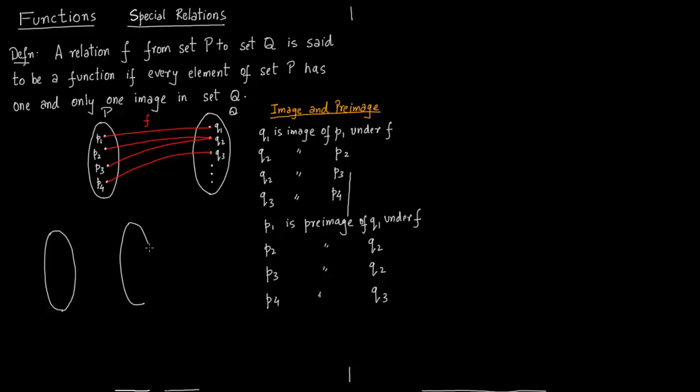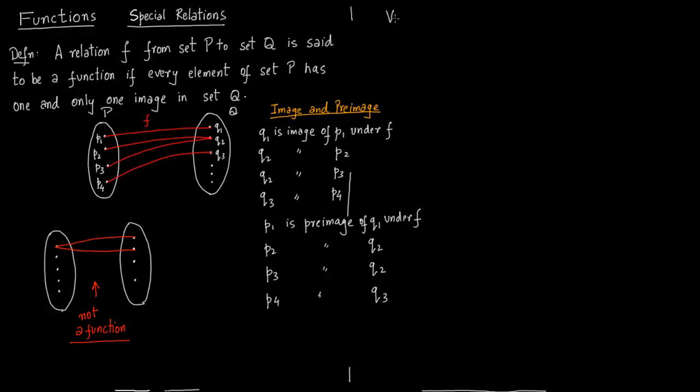So there are two sets, say P and Q or A and B, and there are certain elements in set Q and there are certain elements in set P. So one element of set P gets mapped to two elements of set Q. Now this cannot be called a function. So this is not a function. It is a relation, but it is not a function because one element in set P has two images in set Q. So if you have two or more images in set Q, then you are no longer a function.